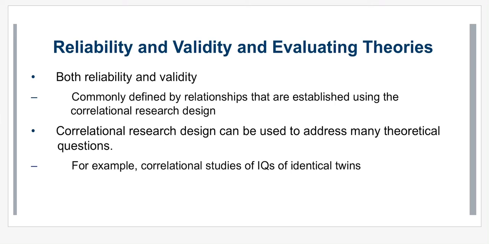If the participants scored similarly, if there was a high correlation between the results both times the test is administered, then you would be able to say with confidence that it is a reliable test because they are getting the same scores both times.